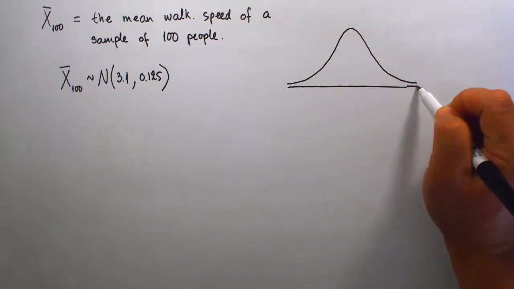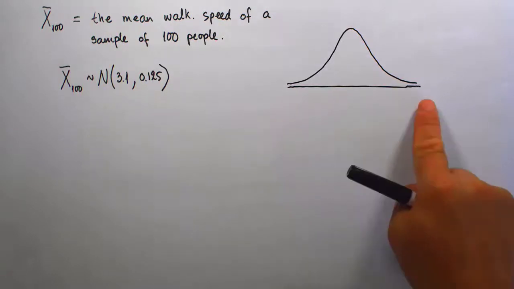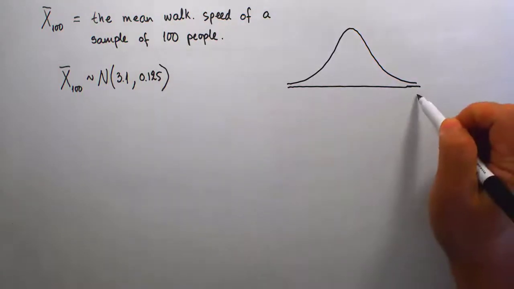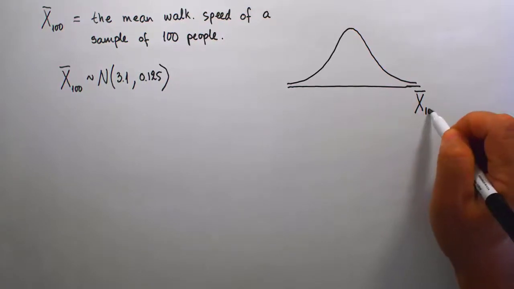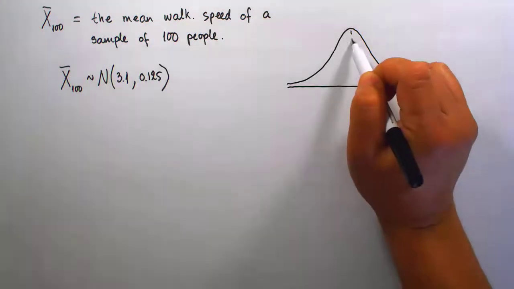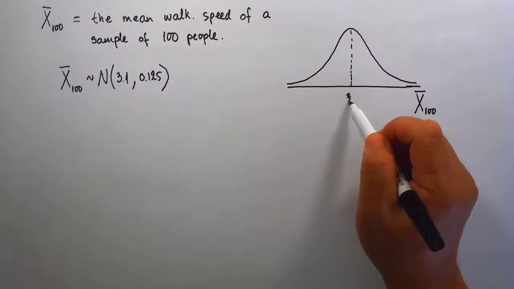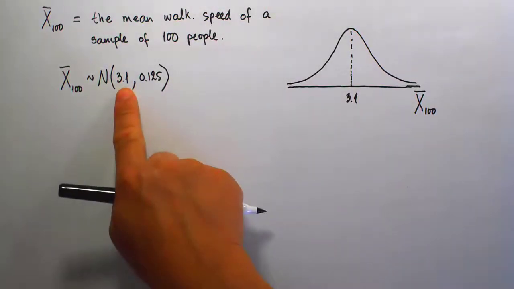And once again, on this bell curve, think about this horizontal line from low to high as where all the different sample mean values of capital X bar 100 are being arranged. And once again, similar to part A, the center of this bell curve is at 3.1, as found here.